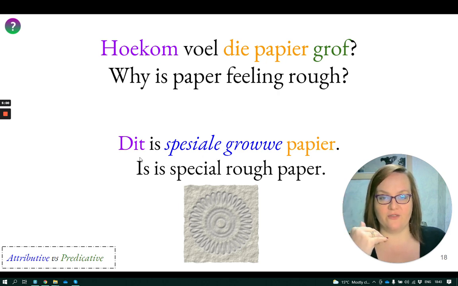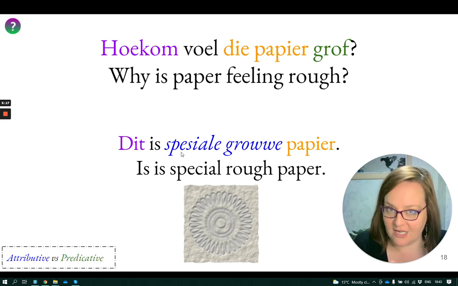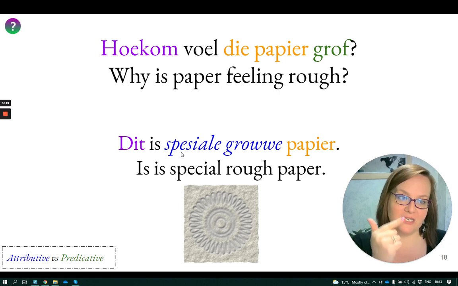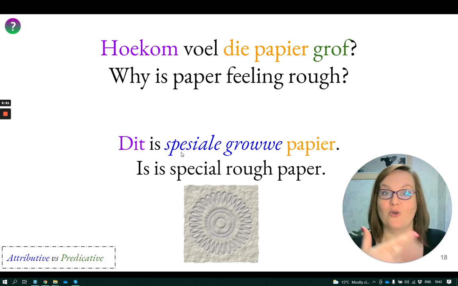Okay, so the answer to this question is, dit is speciale grove papier. Special rough paper. Speciaal grof. Okay, speciaal would be the predicative of speciale. Grof is the predicative of the attributive grove.